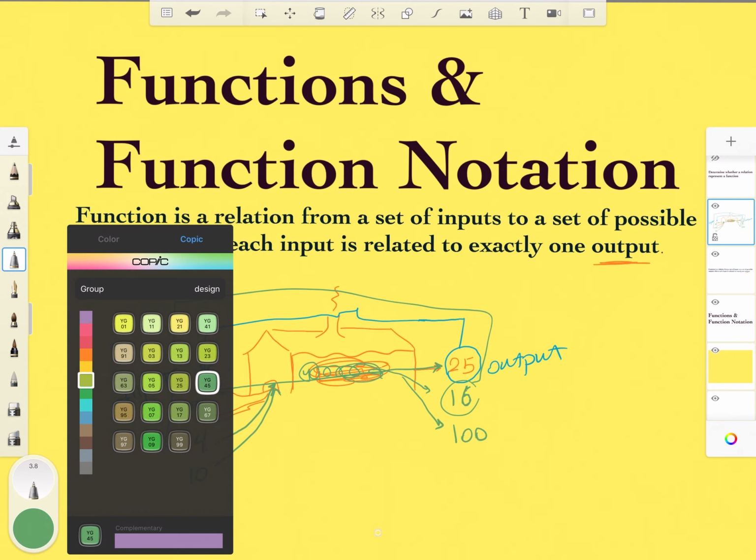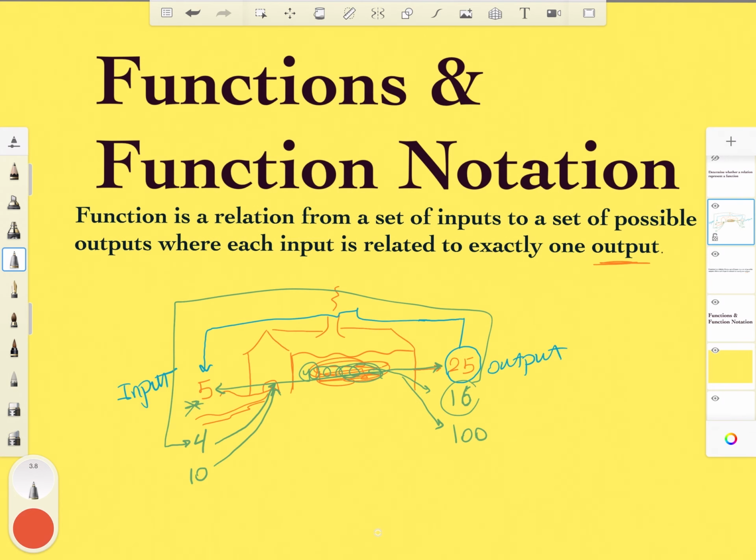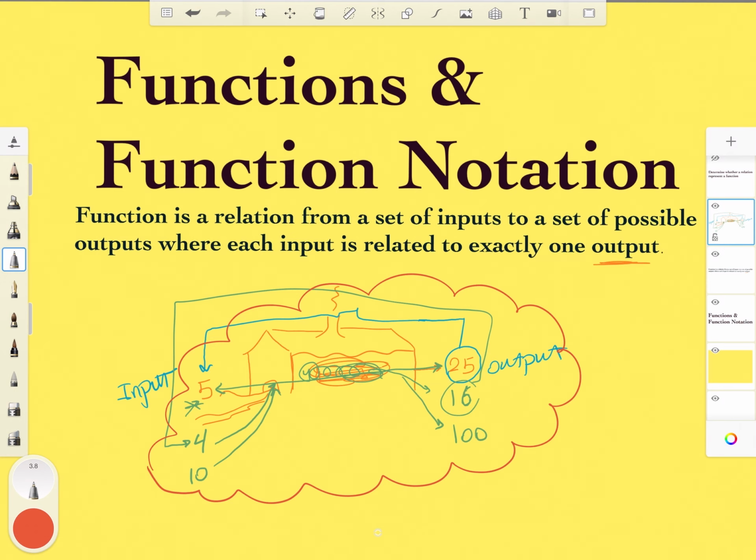So there are so many questions that we can ask here. One of the questions, if I give you a function, is what is the input and what is the output. Let's make one example.